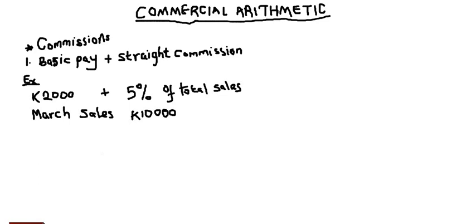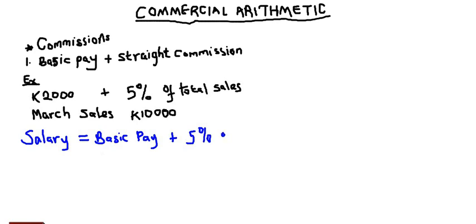So we are going to execute this simple calculation where we're going to say, okay, the total salary that this salesperson is going to receive for the month of March is the basic pay plus 5% of the total sales, which is 10,000.